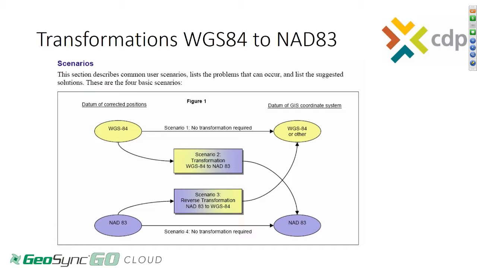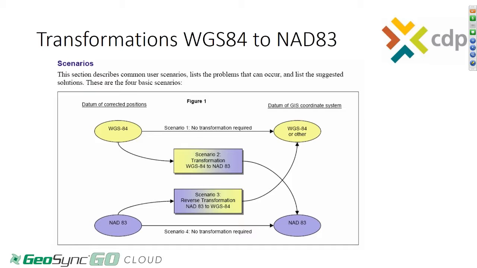If my deliverable is a WGS84 deliverable, that's what my client says they want, or that's what my GIS or local projects are set up in, and I use the SBAS correction and get WGS84 coordinates, I don't need to do anything.